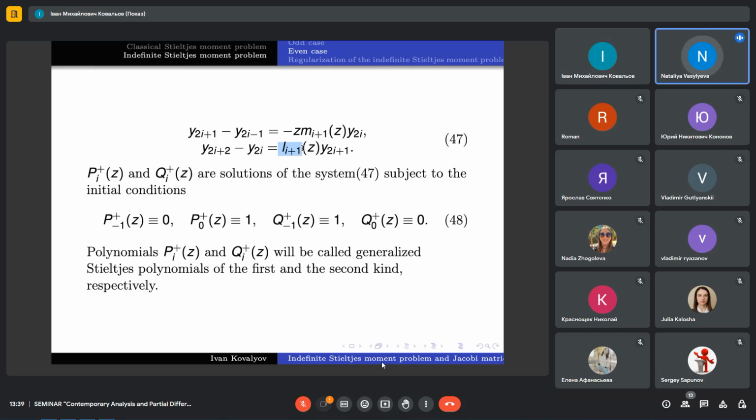So keep in mind that for any M_{g+1} or L_{g+1}, is it possible to construct the solution of 47 with the generalized Stieltjes polynomial? Yes or no? No, it is correct. Okay, thank you.